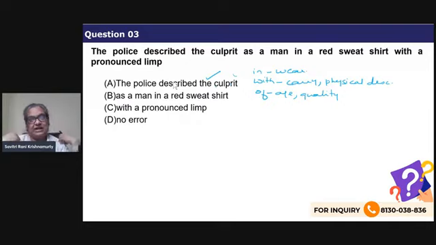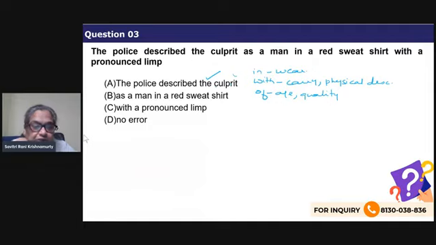Right now you'll say the lady in the white top. Correct? If you're wearing a black t-shirt, I'll say the boy in the black t-shirt. That's why our cricketers are called men in blue. That's why that famous movie is called Men in Black. Correct?